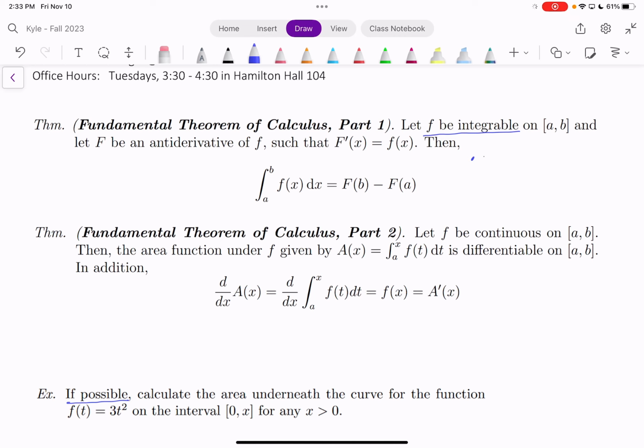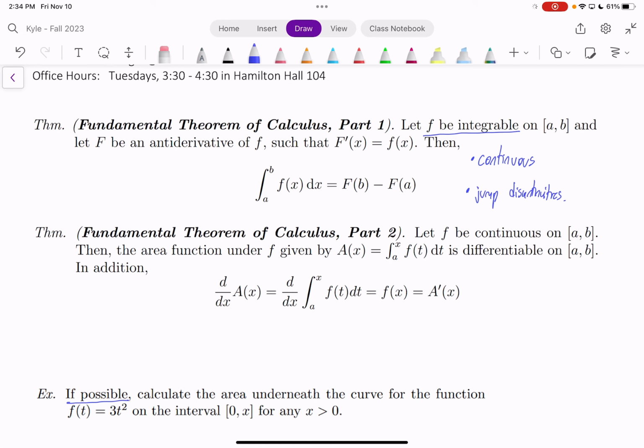A function is integrable if it's continuous, or if it has jump discontinuities only. I guess possibly holes, I'm not sure, we don't see holes very often. So continuous or jump discontinuities. The important thing is a function is not integrable if it has asymptotes.